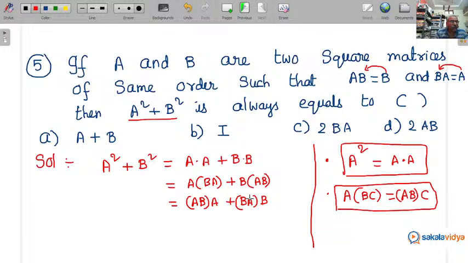AB is B, BA is A. So BA is equal to A, plus AB is equal to B. A square plus B square is equal to A plus B. A beautiful property, you will get it: A square plus B square becomes A plus B. You might have understood that here we need to apply the associative property, right.